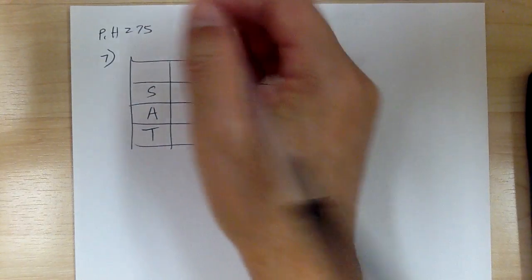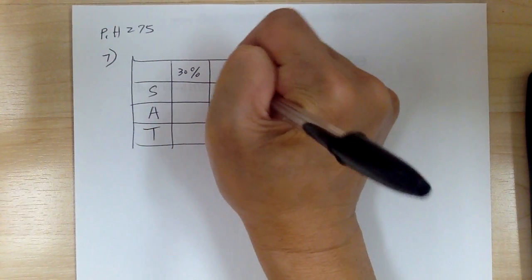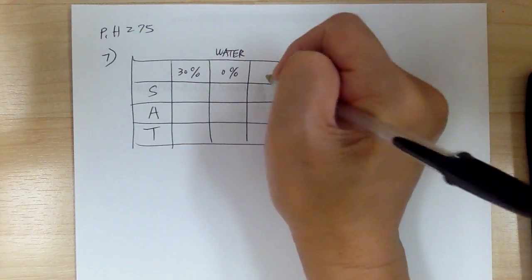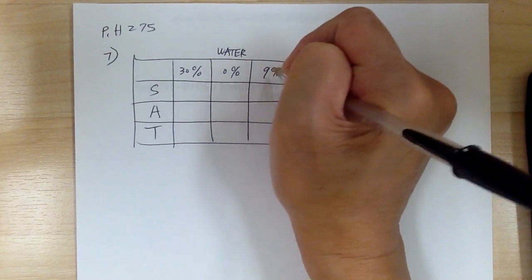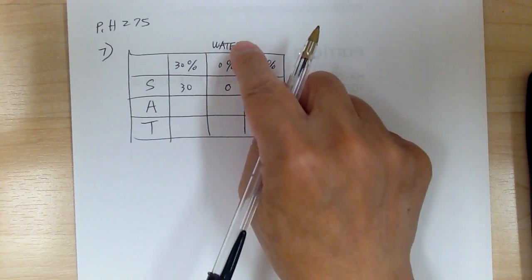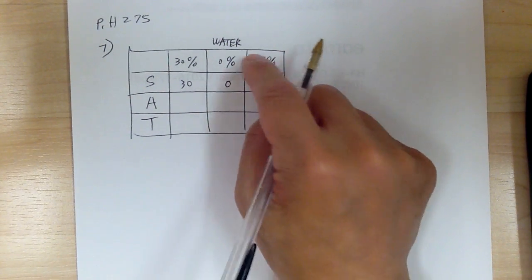So again, you have to figure out what you're mixing. So you have 30% mixing with 0%, because this is the water. The water has 0% alcohol, right? And to get the 9%. So this would be 30, 0, and 9. Again, remember, pure water is 0%.